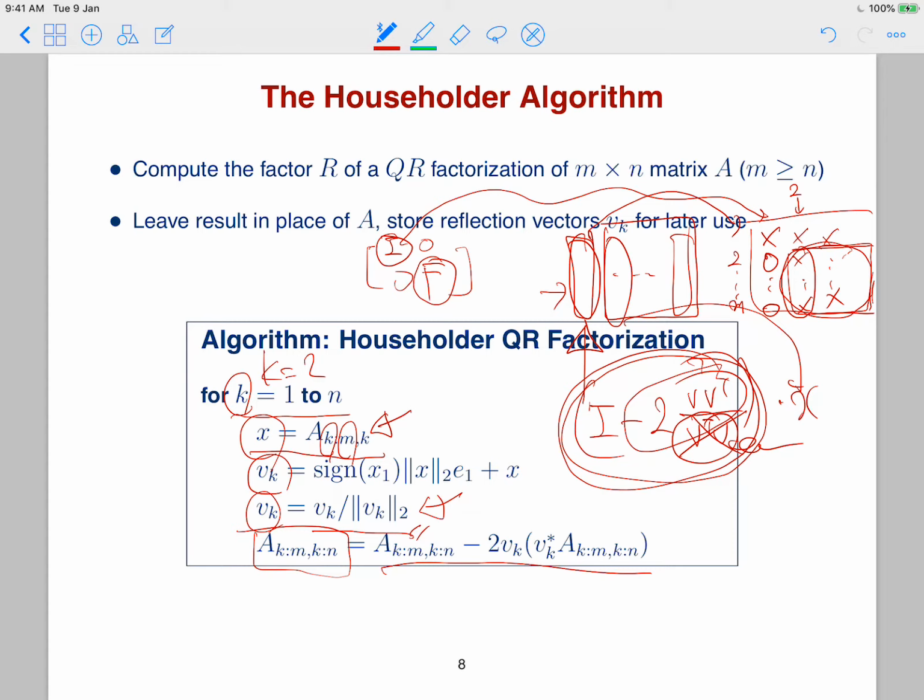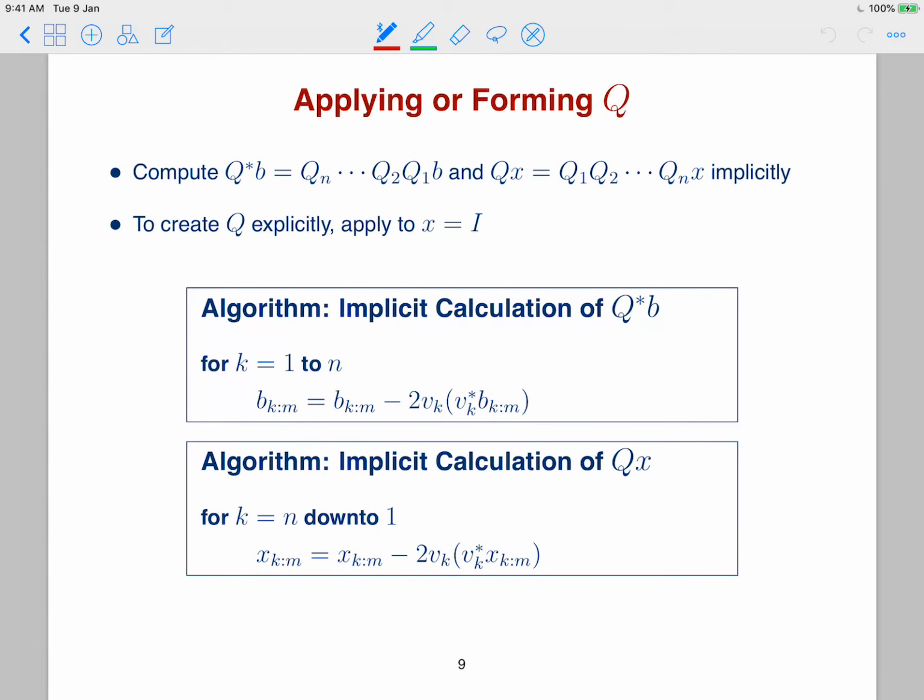In this particular pseudocode, we don't actually maintain our Q. We don't explicitly obtain the matrix Q, but we only compute R. Okay.